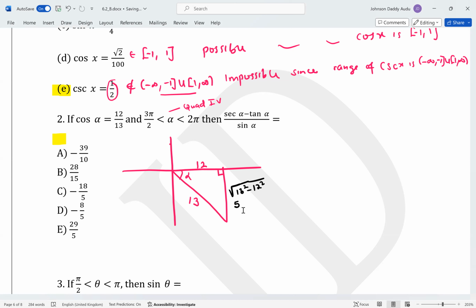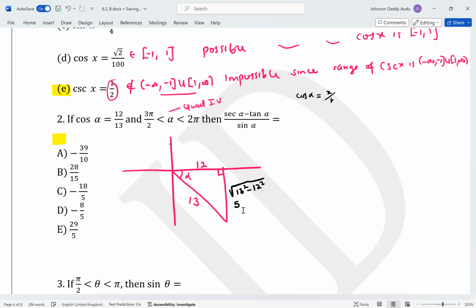So we can find what sec is now. So this is sec alpha minus tan alpha over sine alpha. Sec alpha, remember cosine alpha is x over r, right?